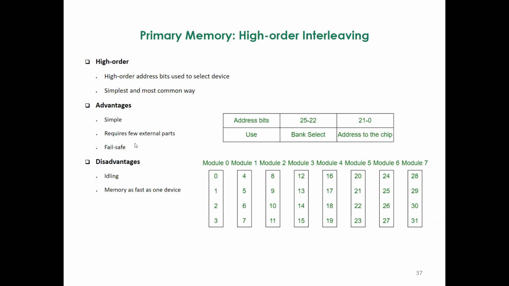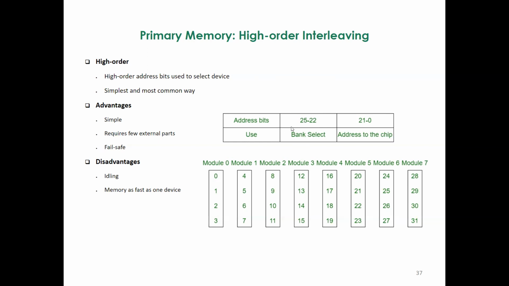So, for example, in this case, because we have 8 modules, and therefore for 8 modules we need 3 bits, to be able to select each of the modules. So those 3 bits are located at the higher end of your memory address, being from 25 to 22.